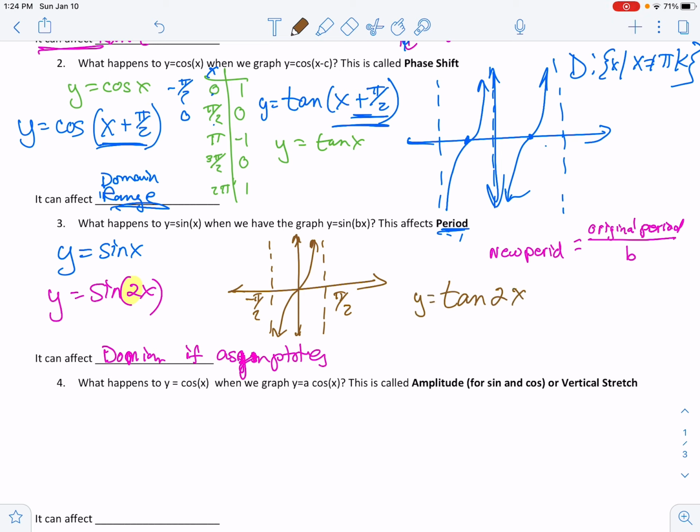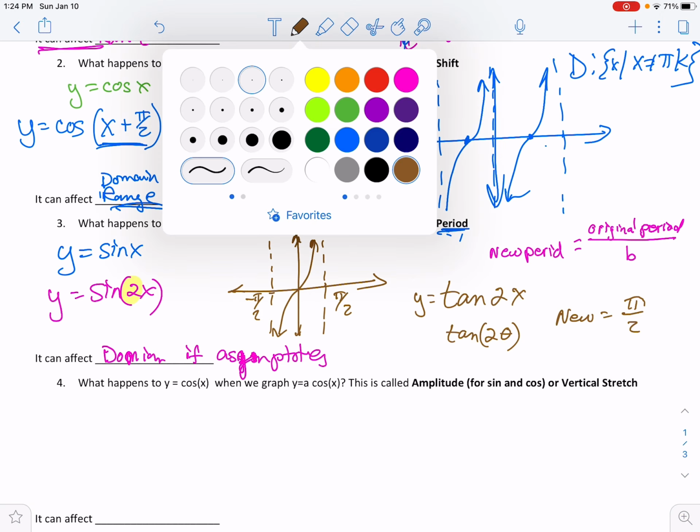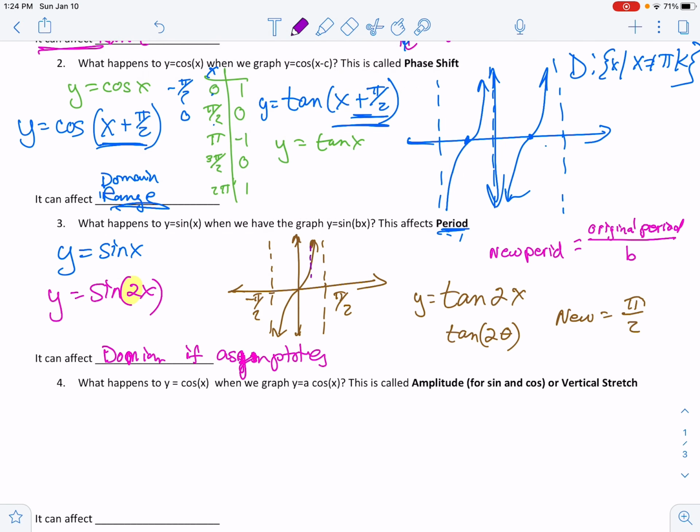Actually, we use thetas. Theta is the Greek letter. Usually we use a theta, so you know you're dealing with an angle. Anyway, the original period is pi, so the new period is equal to pi over 2. So it only takes a half a pi. Now I didn't shift anything. So what happens is my asymptotes are now crunched in here.